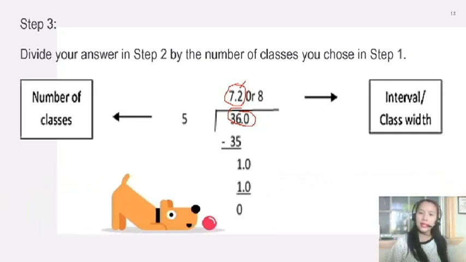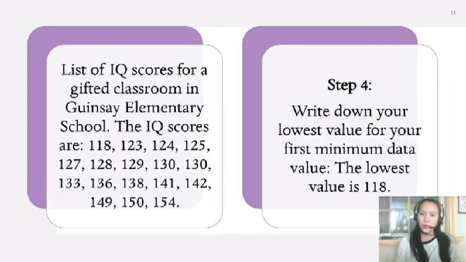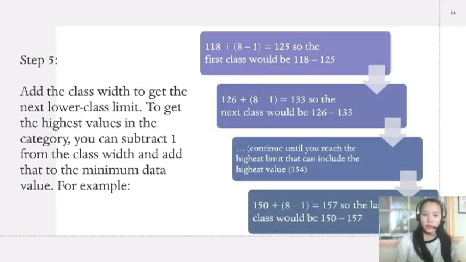What do we mean by class width? In layman's terms, class width is when we count from the smallest data, for example 118, up until its maximum value. Okay, so this is our step number 4. You write down the lowest value for the first minimum data value. So the lowest value is 118. Step 5: we will now add the class width to get the next lower class limit.